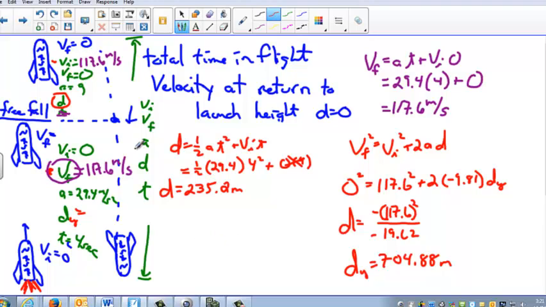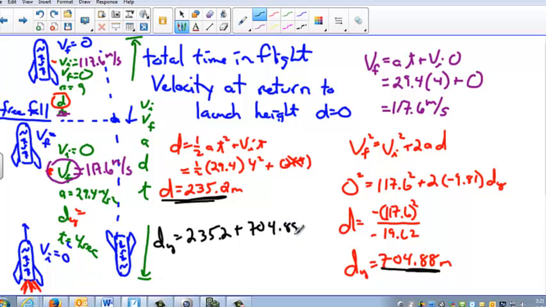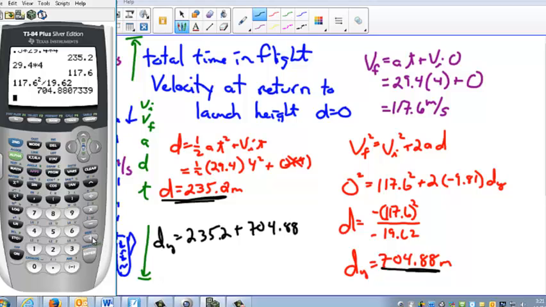So I can add those two together, which will give me my total height, my max height. So my max height is 235.2 plus 704.88, for a total of 940.08 meters.